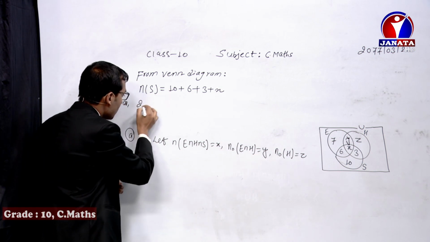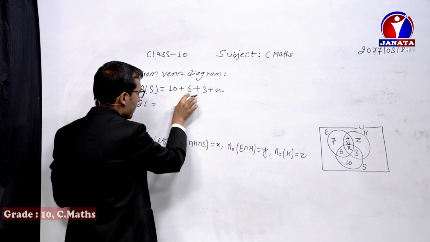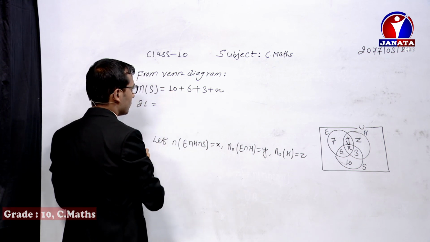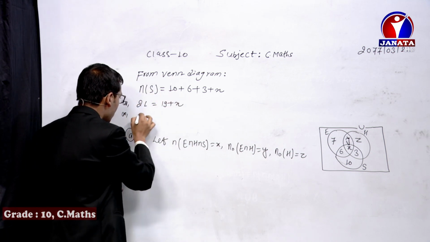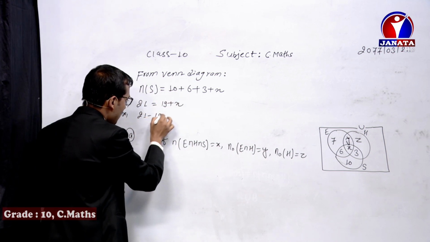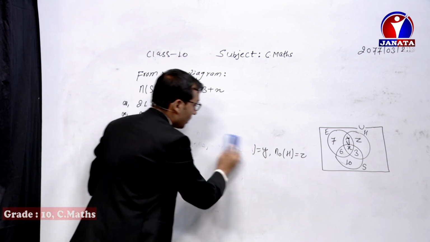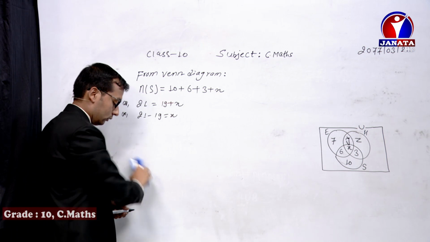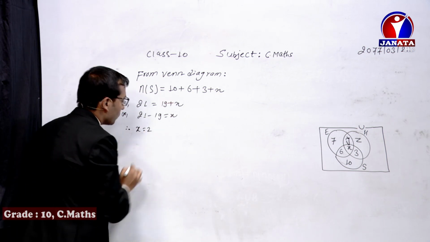It is 21. Let's add these three numbers. 10 plus 6 plus 3 is 19, plus X, so 21 minus 19 is X. So therefore the value of X is 2.